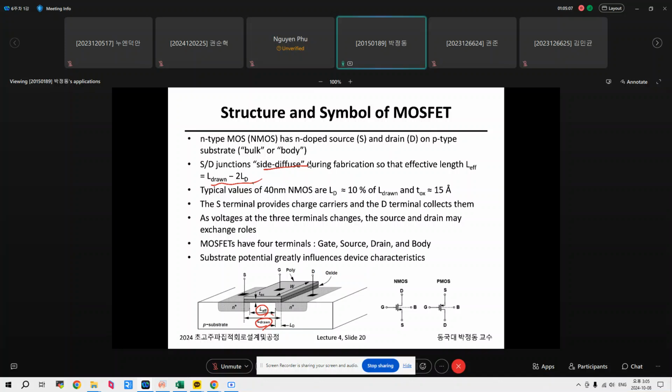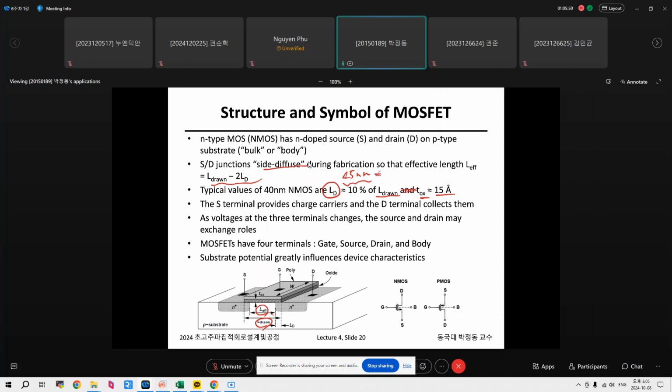Therefore, considering there exists a 10% of diffusion length, okay, and considering oxide thickness is 15 angstrom, right? So typical, the LD is about 10% of L drawn. Okay. For example, let's say this is a 45 nanometer in drawn.